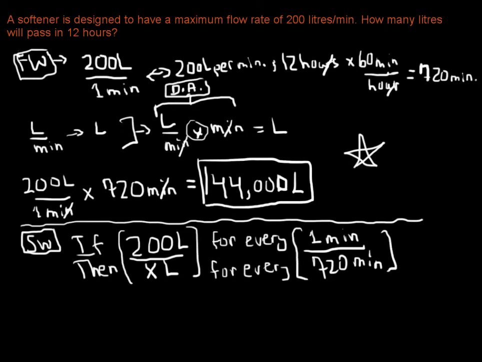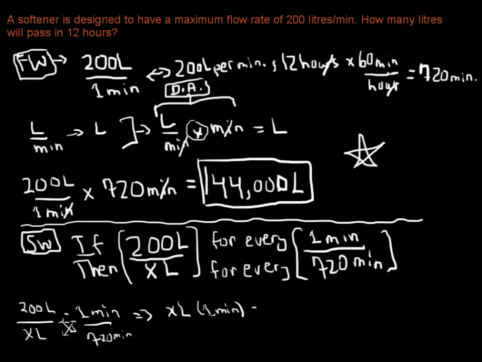Liters, liters, minutes, minutes. So 200 liters per x liters equals 1 minute per 720 minutes. Now we can just cross multiply. What does that give us? x liters times 1 minute is equal to 200 liters times 720 minutes.